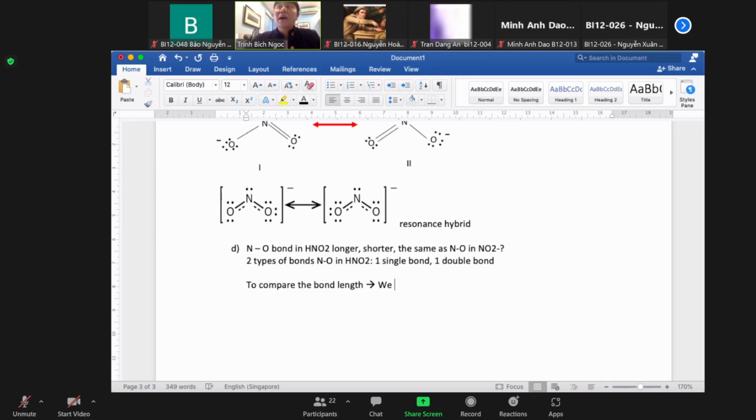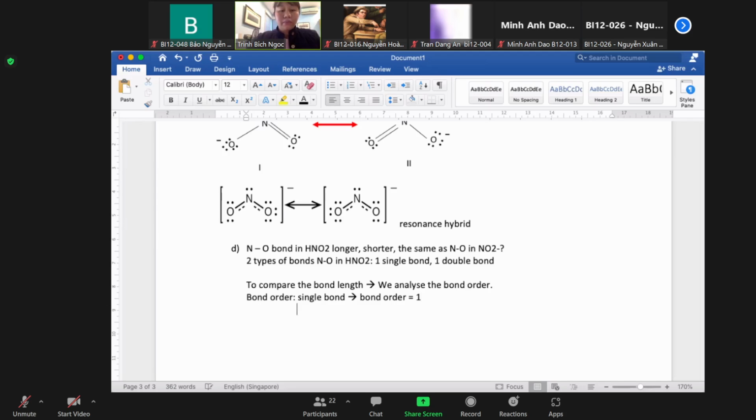So we analyze the bond order, bậc của liên kết ạ. So the bond order with the single bond, the bond order equal to 1. Okay.